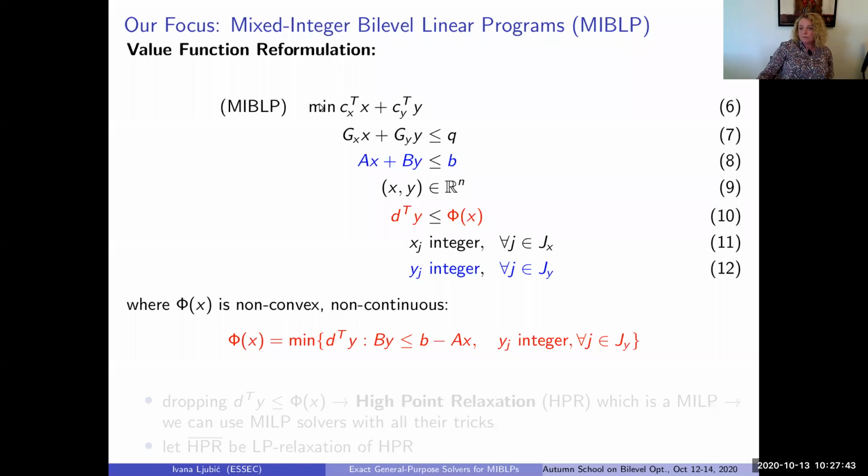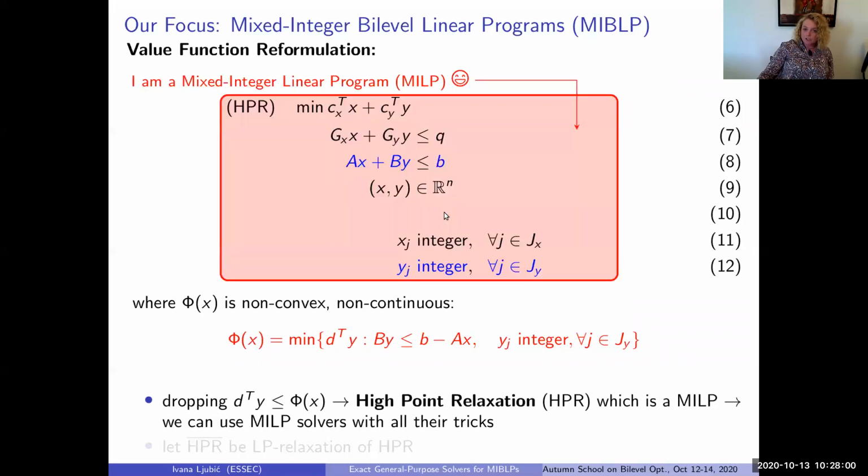Now, this is the full formulation of the problem. As we said, constraints 10 are the difficult ones. So the first thing that we could do is drop these constraints. If we do that, then clearly we will be relaxing the problem.